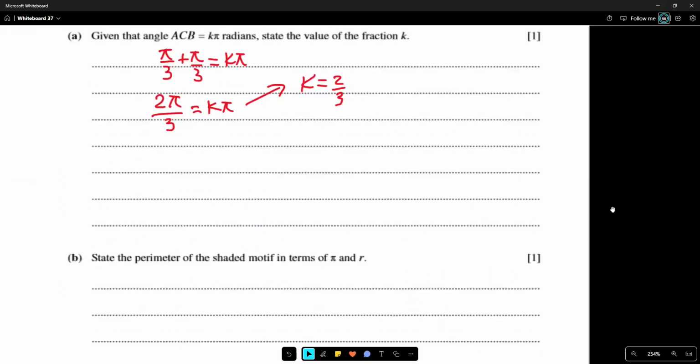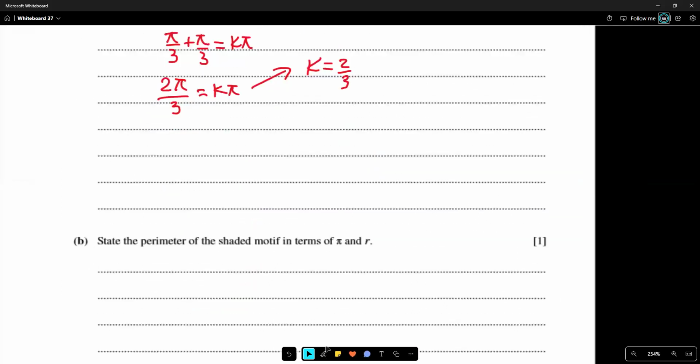Let's go and write it down. The perimeter of a circle is 2 pi r, right? So you're going to say perimeter equals 2 pi r. And that's it. Let's go to the next question.